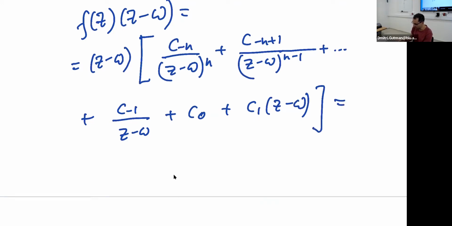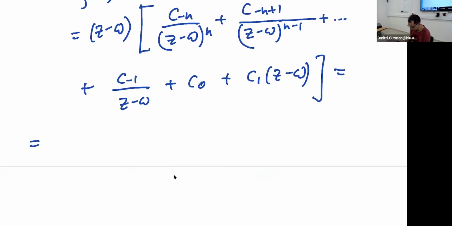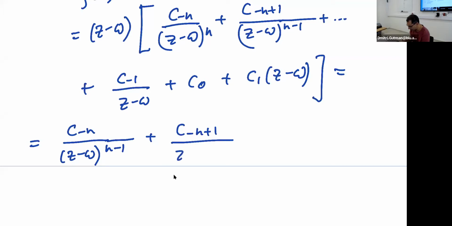So we multiply all these terms, so we get c minus n, z minus w to the power of minus n plus 1, plus c minus n plus 1, z minus w to the power of minus n plus 2, and so on, c minus 1 plus c0, z minus w.